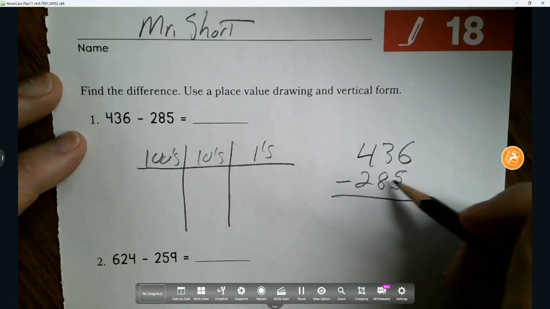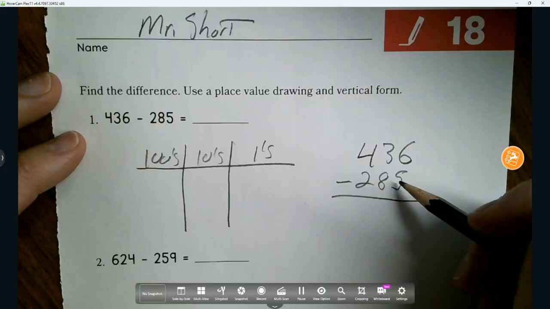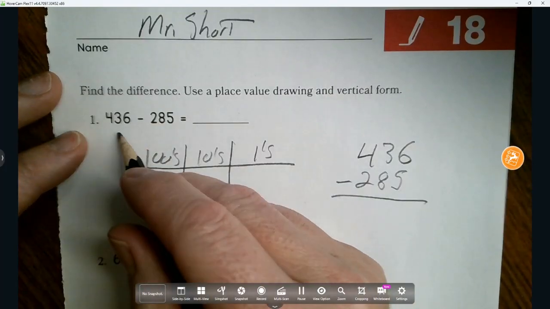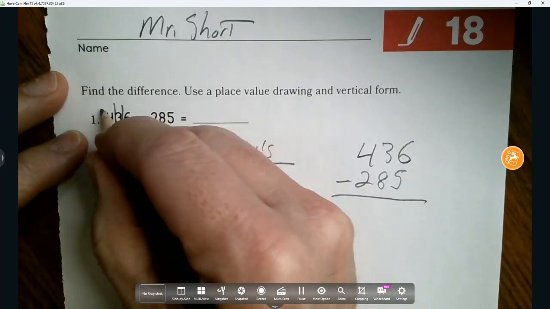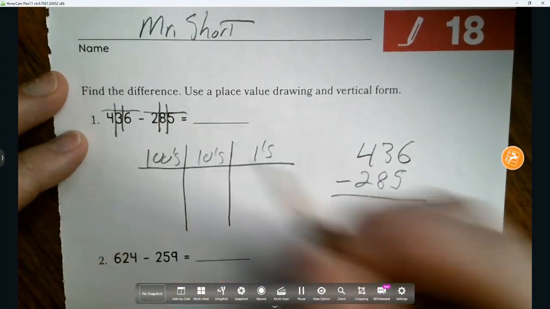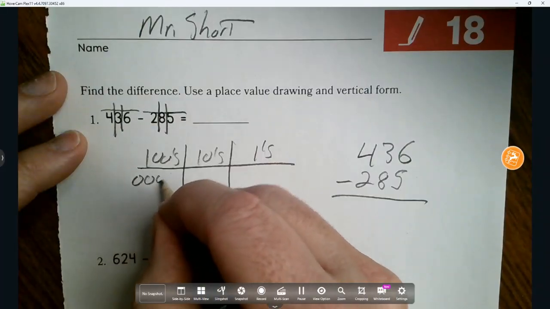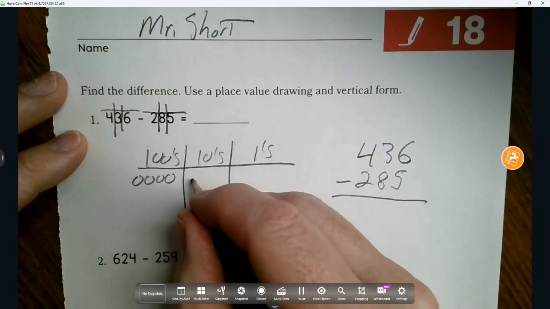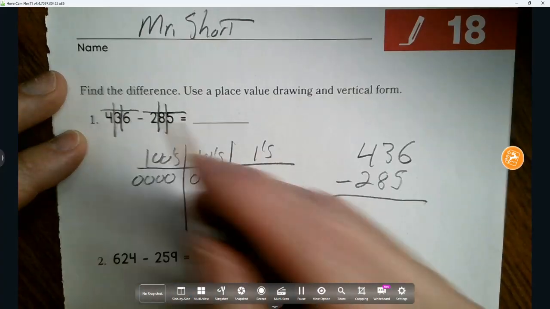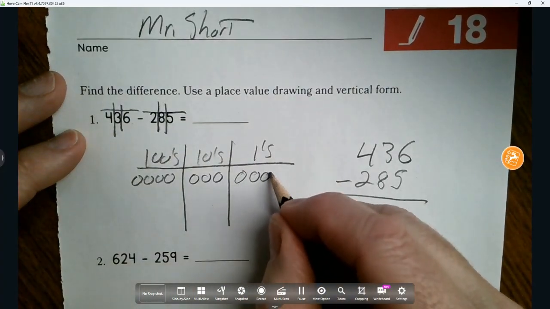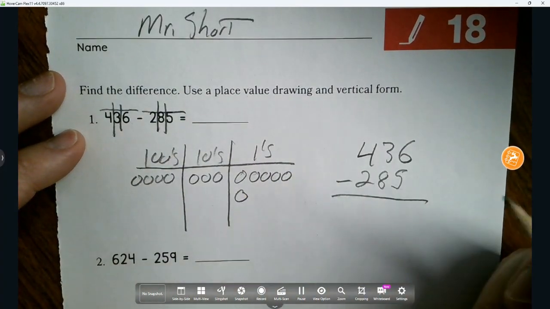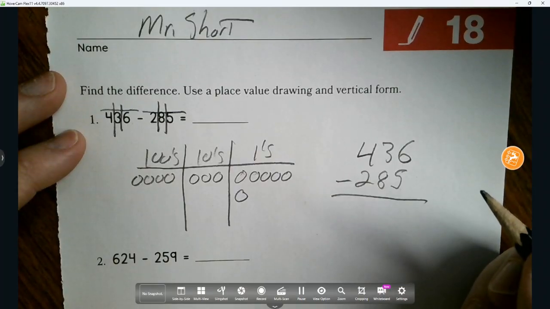So we have 436 minus 285. Remember, you need to do this so you don't get messed up. The hundreds, we need 4. 1, 2, 3, 4. The tens, we need 3. 1, 2, 3. And the ones, we need 6. 1, 2, 3, 4, 5, 6. All right, we got that.